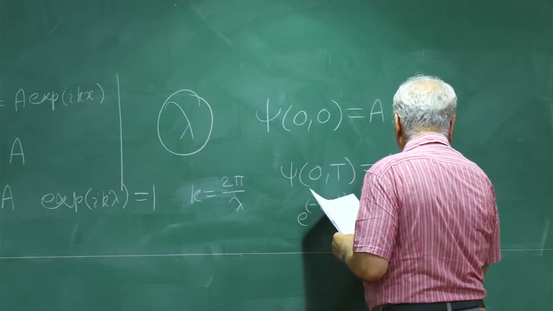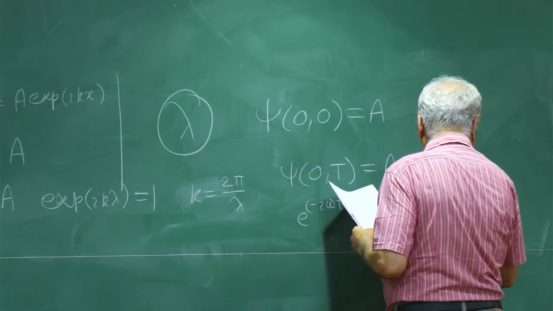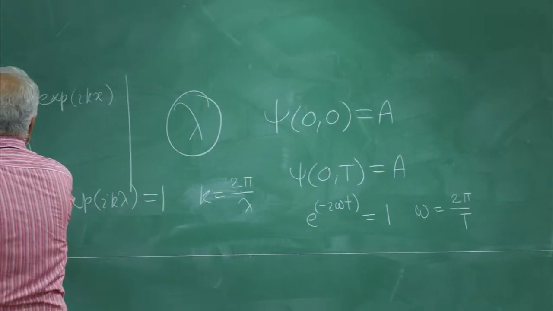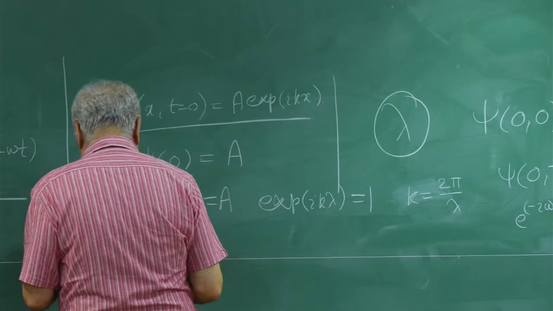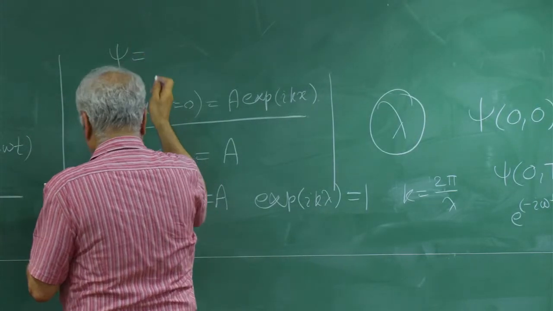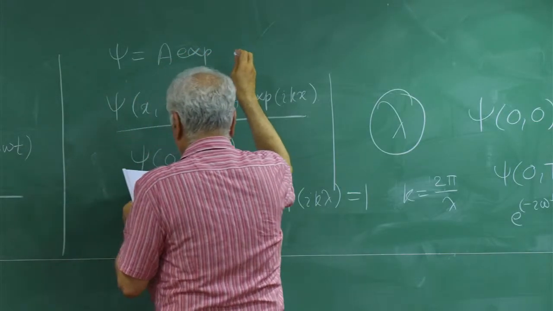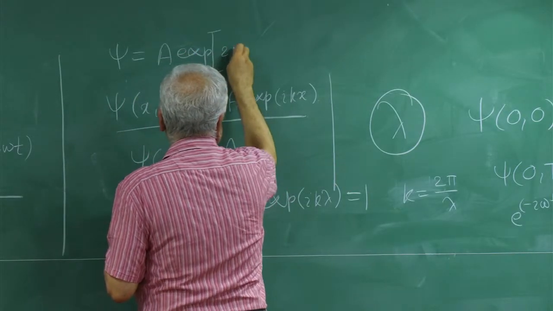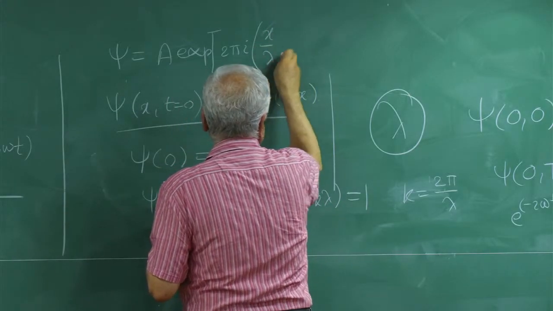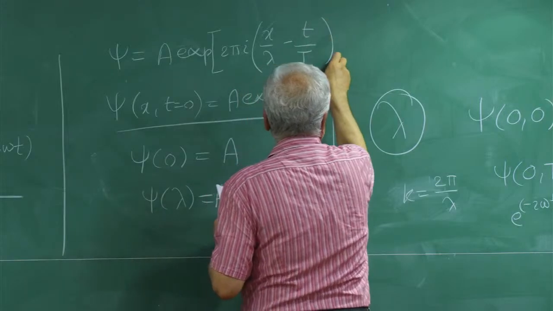That's ω equal to 2π by T. So I can write this as ψ equal to A exp[2πi(x by λ minus t by T)].